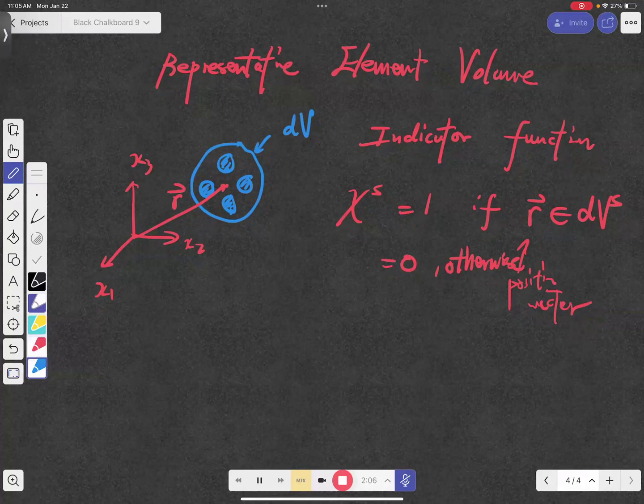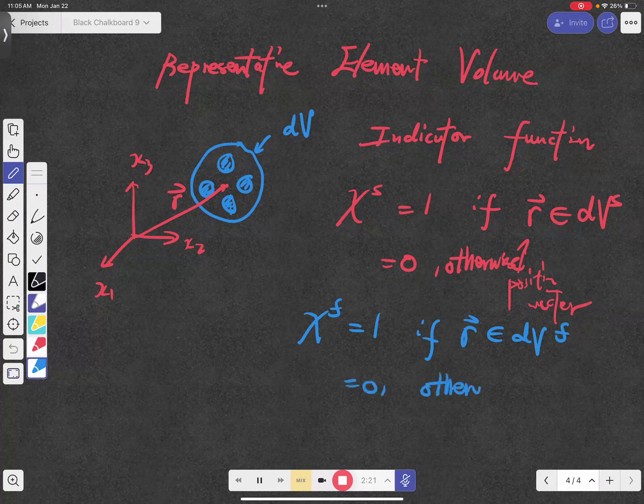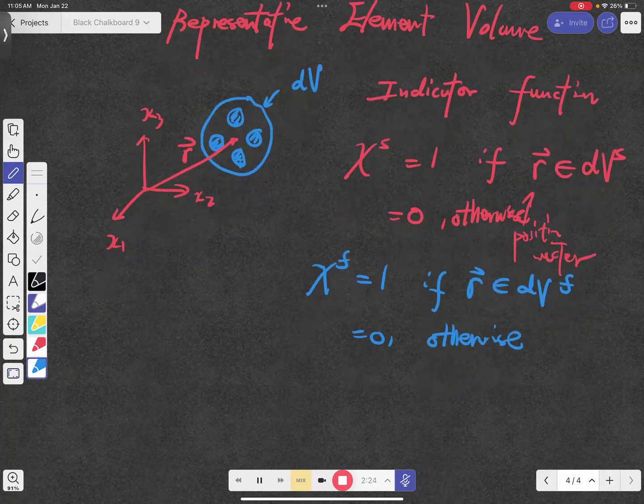Then there's another counterpart that is the opposite. What they mean is that it's a function that takes a position vector and returns either 1 or 0. In the first case, it returns the indicator function of the solid, and in the second case, the indicator function of the fluid. So far so good.